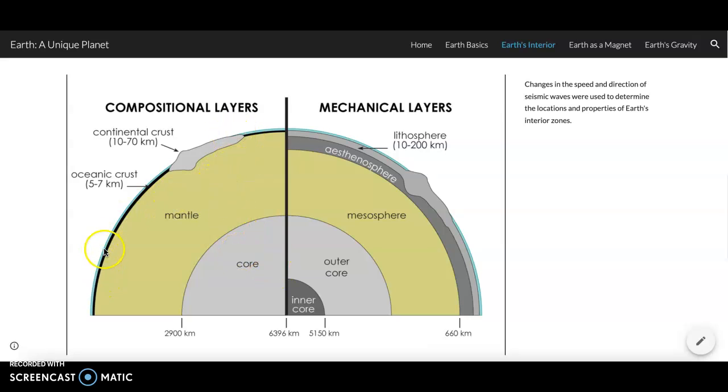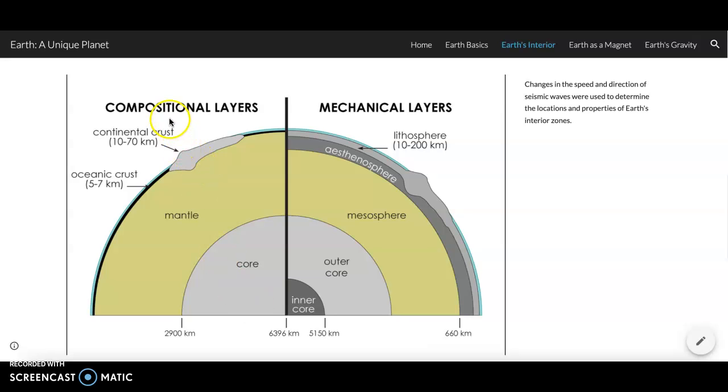We get the outer crust, and it's either continental crust or oceanic crust, and it tends to be made of silica. And then this area in the middle here is a mantle, and this is more dense than the silica, so it sinks a little bit deeper. And then the center is a core made of iron and nickel.